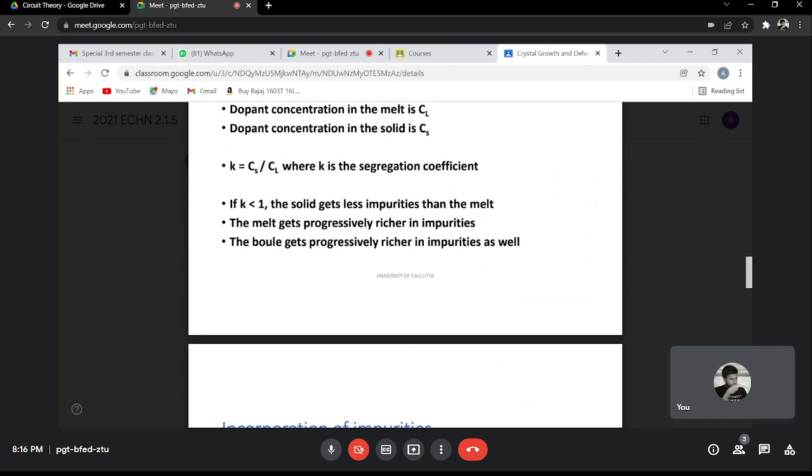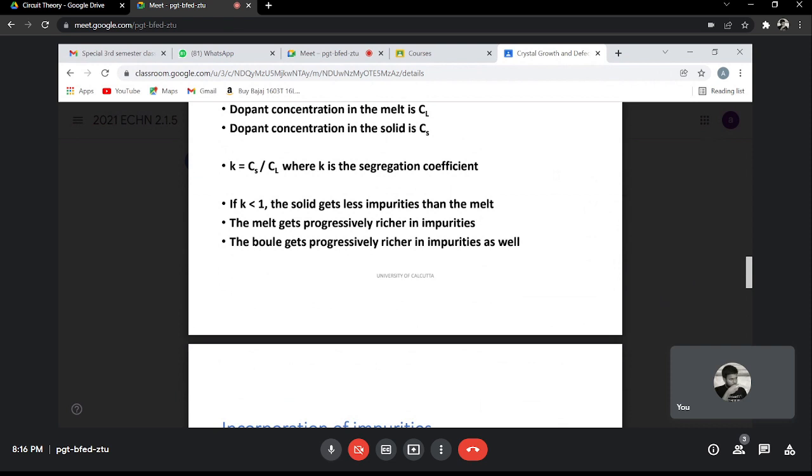What happens to the excess impurity that should have gone into the silicon, I mean, should have got into the solid but did not? That's right. So what happens to the concentration of impurities in the liquid? Right. Now, if you keep pulling up, what happens now?